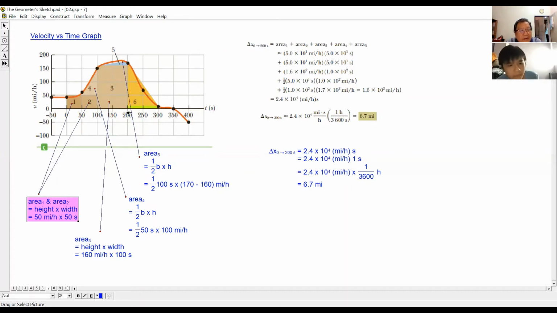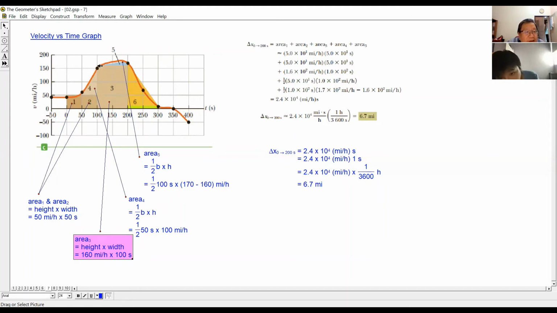The third one is a rectangle. So where is area number three? This one is area number three. The vertical distance, or the height, is 160 miles per hour. It is slightly above the 150.